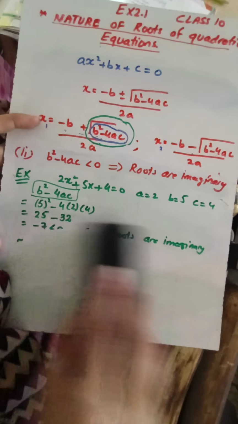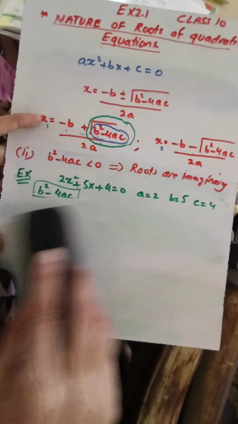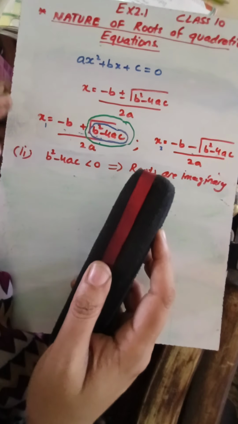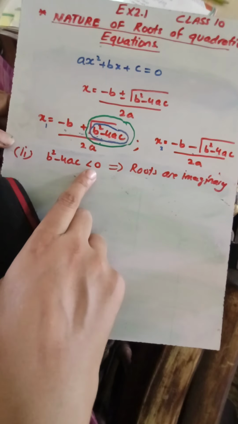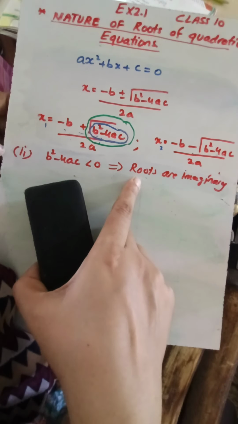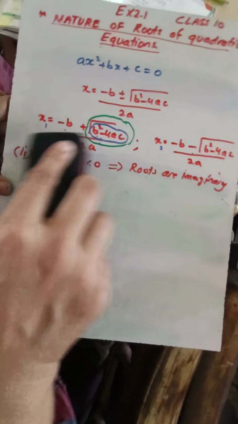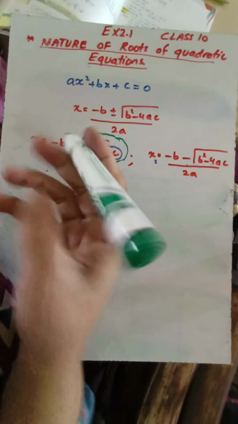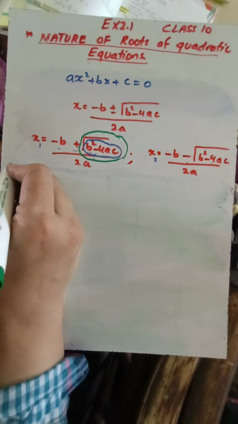We have done two cases. The first one was b square minus 4ac equal to 0, which gave us equal roots. The second case was b square minus 4ac less than 0, which gave us imaginary roots or complex roots. And the third case is what happens if b square minus 4ac is a positive number.